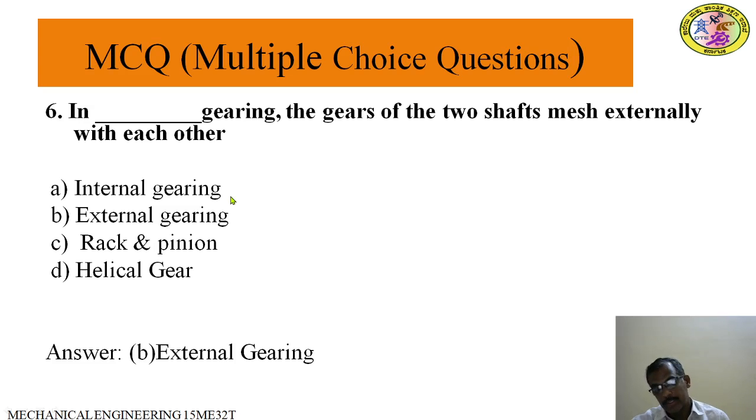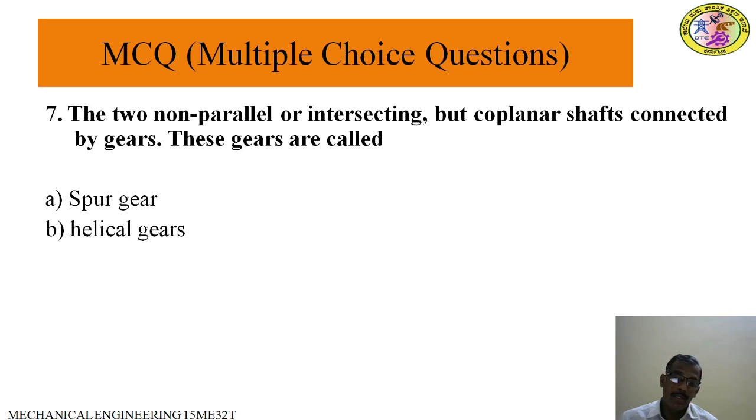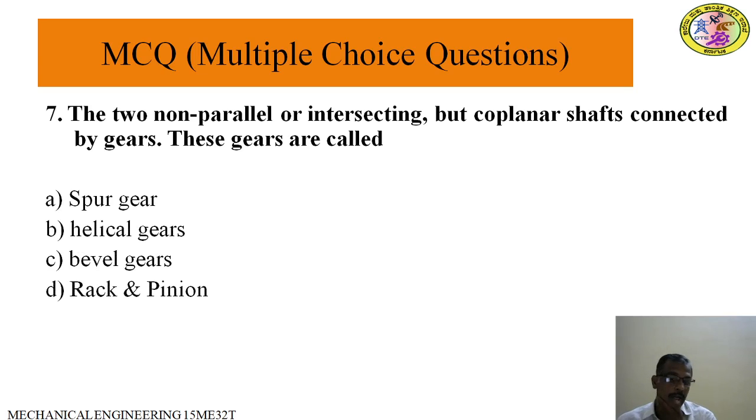Okay, internal gearing. The next question: two non-parallel, intersecting but coplanar shafts connected by gears. These gears are called option A, spur gear; option B, helical gear; option C, bevel gears; option D, rack and pinion.